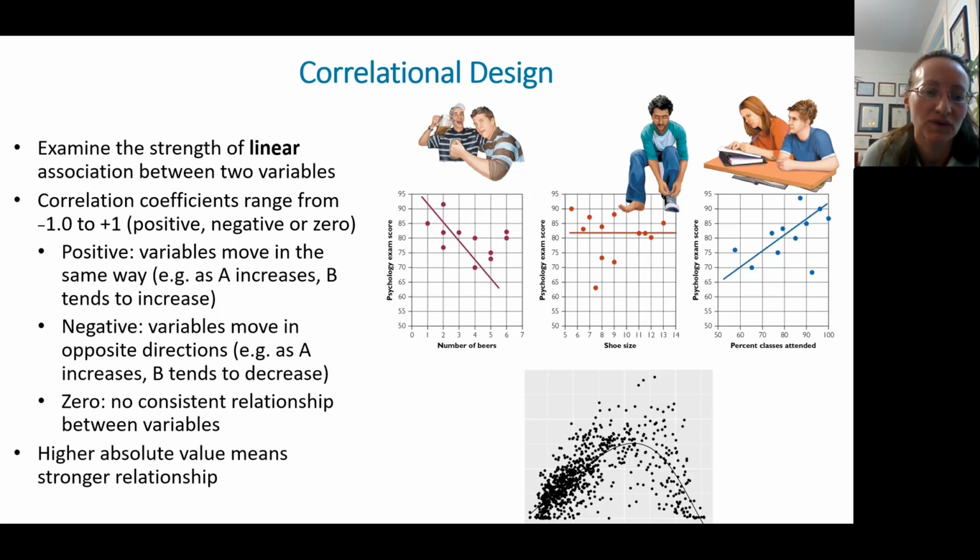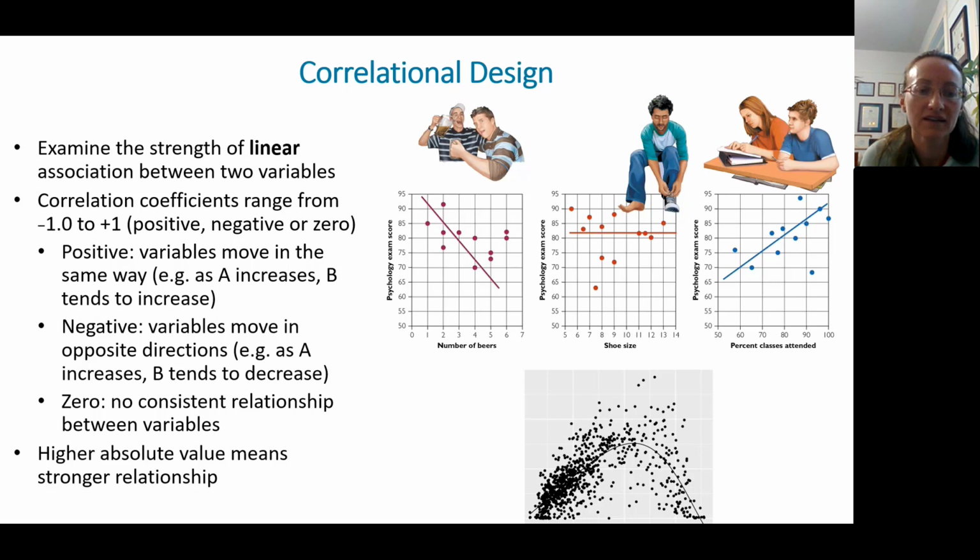What this relationship is showing, if you step back and eyeball it, is that the more beers people drank, and each point here is a person, so this guy got a 75 and he drank 2 beers, and this person got a 70 and had 4 beers, the general trend is that the more beers people had, the lower their grade.